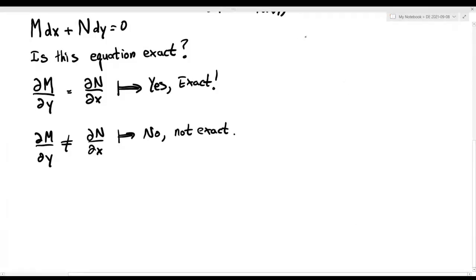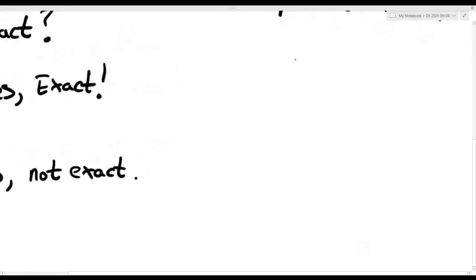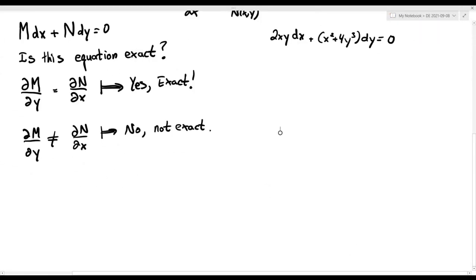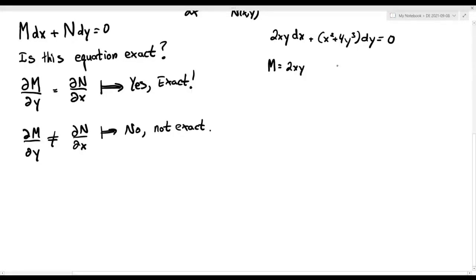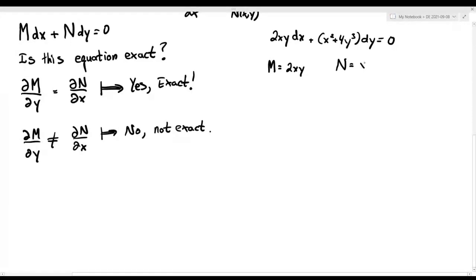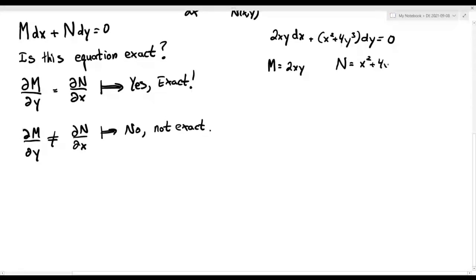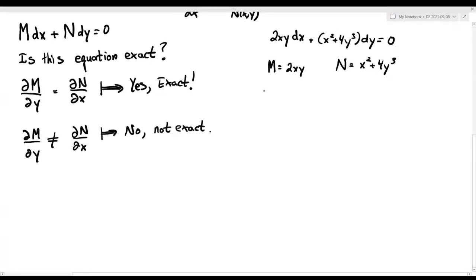So suppose we have 2xy times dx. So we identify M as the thing that multiplies the dx, and we identify N as the function which multiplies dy. So now we're going to take the derivative of M with respect to y and differentiate N with respect to x.